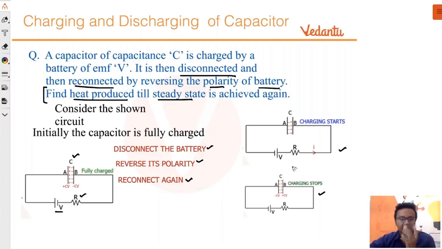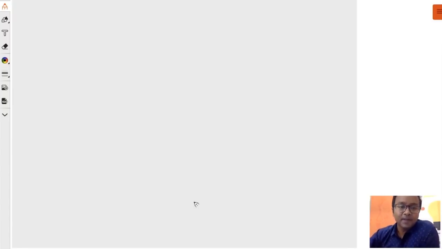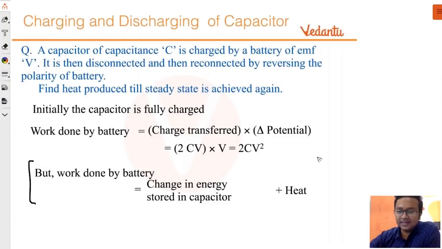All right, students. Now, what is the idea behind the entire question? Let me just share with you first. This is the formula that we need to keep in mind: the work done by the battery. Who is the energy provider in the circuit? The energy provider in the circuit is definitely the cell, the battery. Whatever energy is provided by the battery, that is the work done by the battery.